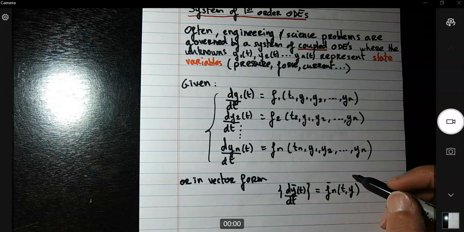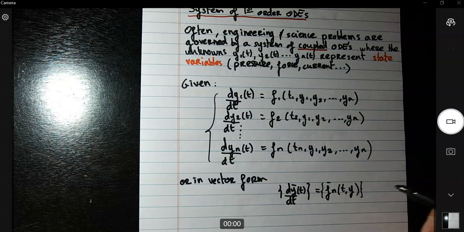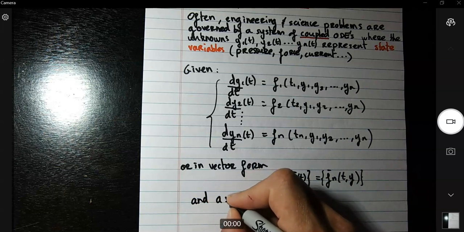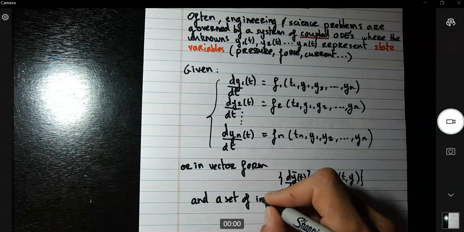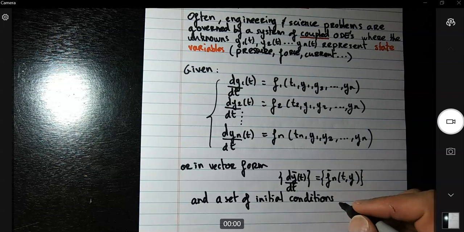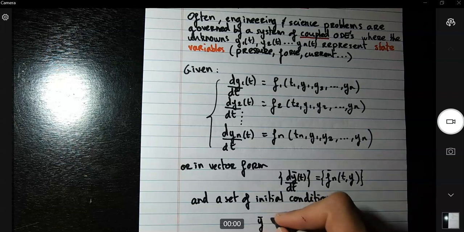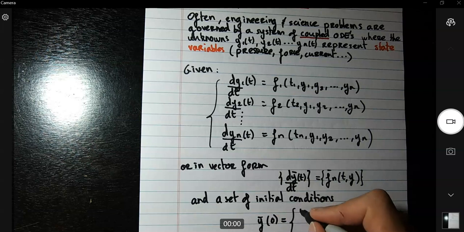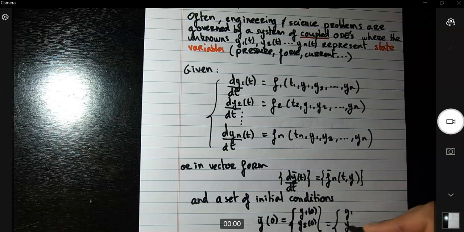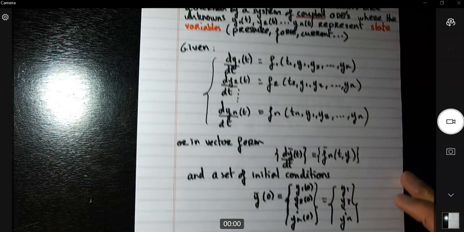And this should also be a vector, with a set of initial conditions: y of 0 would be y1 of 0, y2 of 0, up to yn of 0.